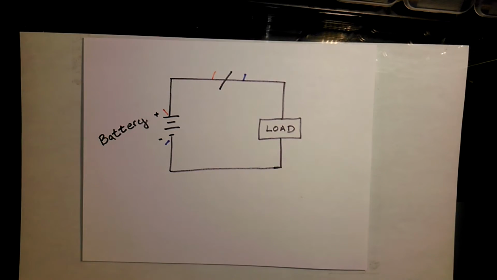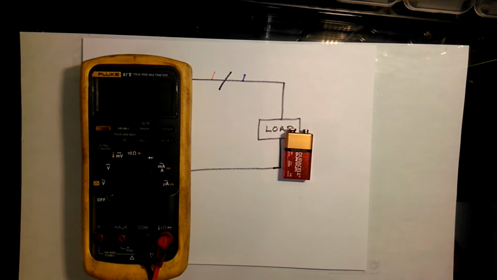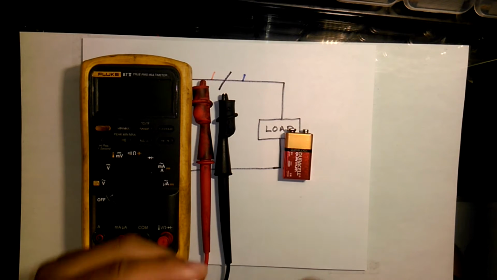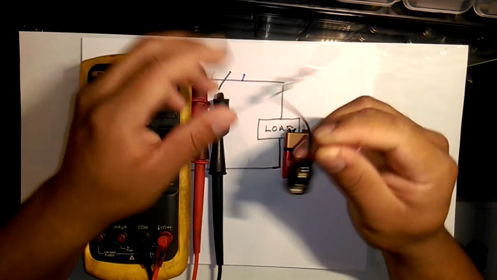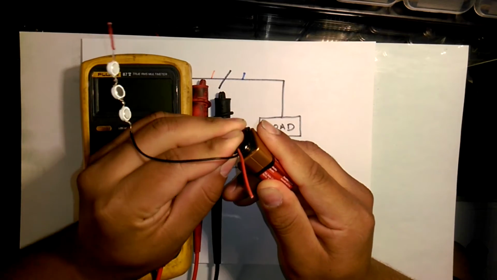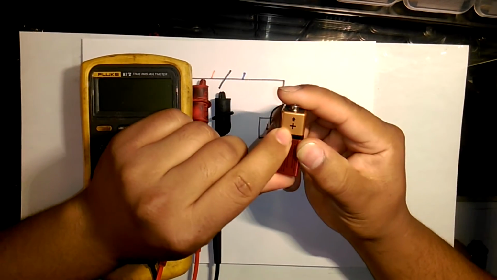I have here a battery. I also have a very capable volt and multimeter, which does many different things. And I also have here a broken circuit. So what I'm going to do is connect this battery. Actually, before that, let's just test the battery itself. So here we have the positive pole of the battery.